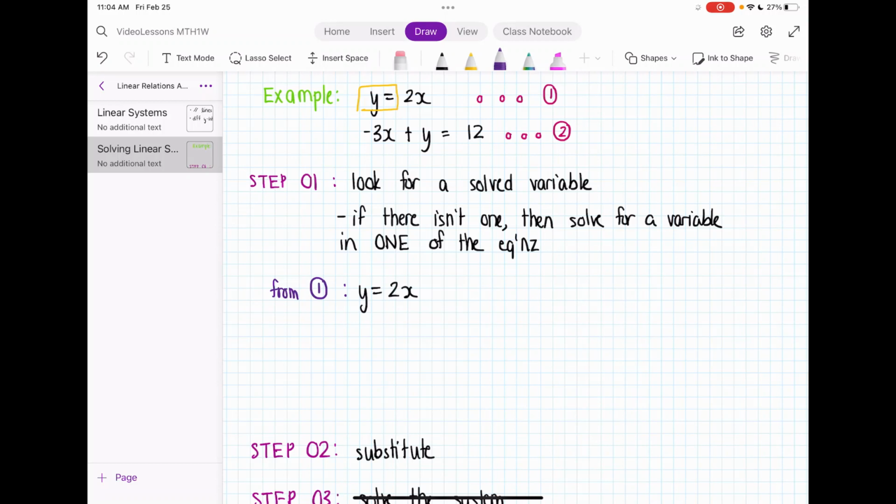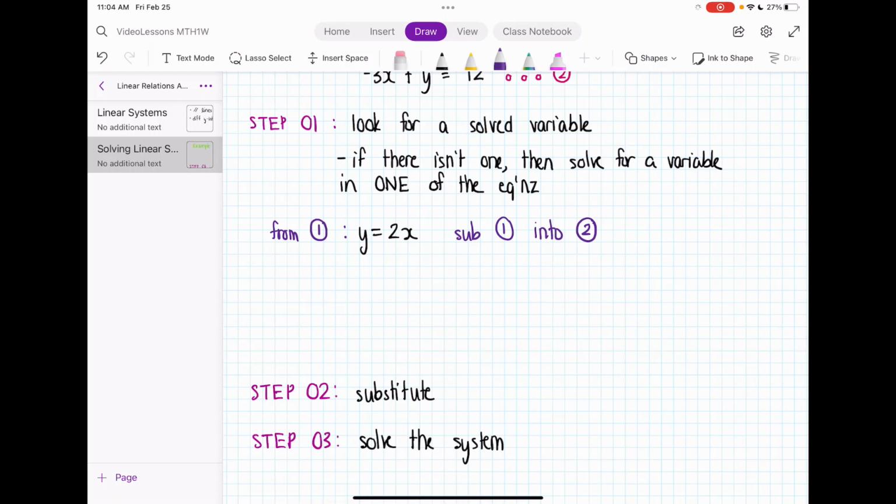And so this is going to get substituted. And because it's just equation 1, we're going to sub it into the other equation. Okay? So this goes in there. So I'm actually going to move this because now we're doing our substitution.